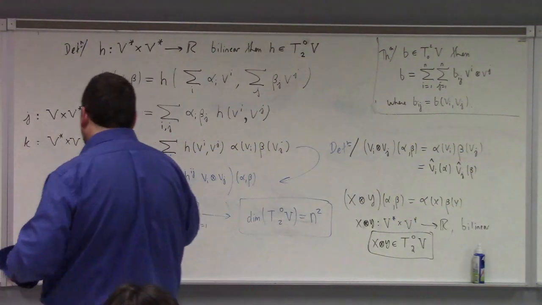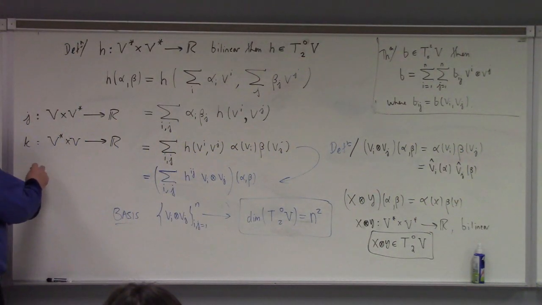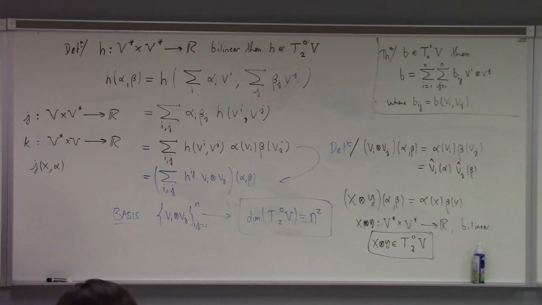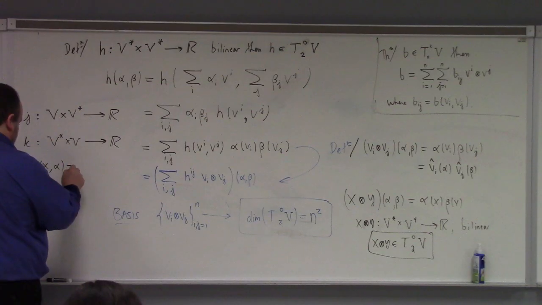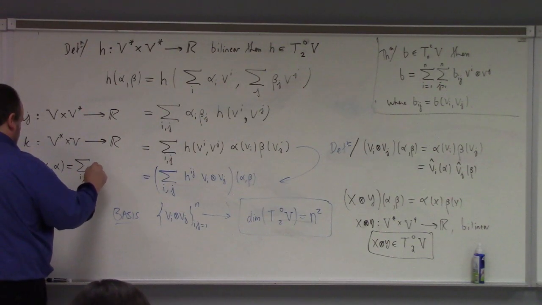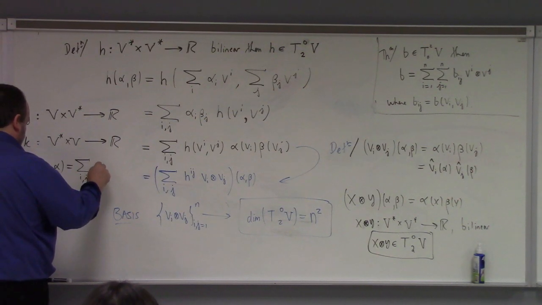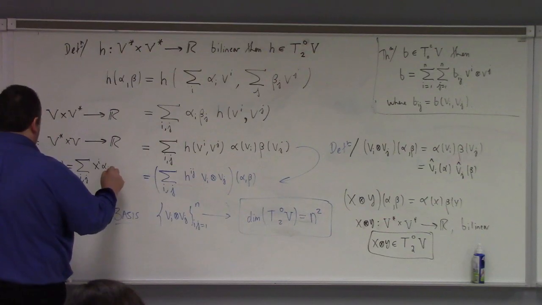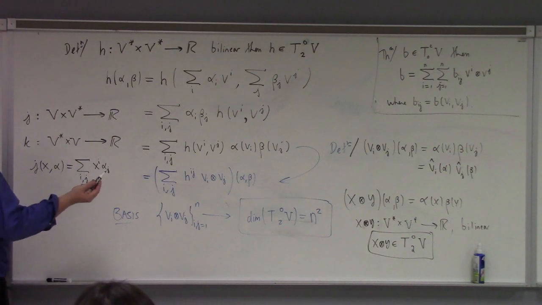Not to belabor it too much, because I'm not that interested in this, but if I had J of x comma alpha, that would be the kind of thing I would have to understand, and it would be something like the sum over i and j, and you'd end up with x upper i alpha lower j. Oh man, why did I use j here?